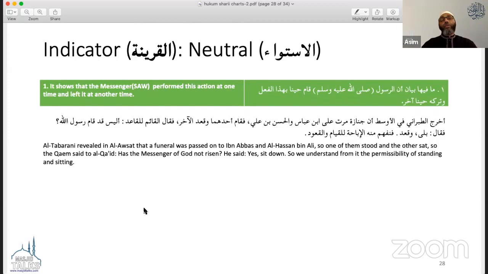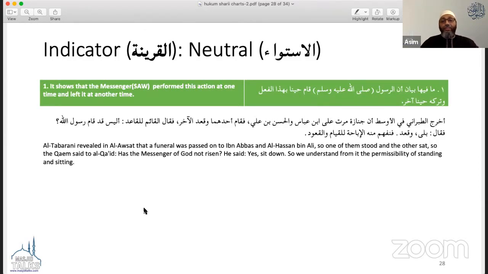Like the hadith of Rasulullah sallallahu alaihi wasallam, as reported by Tabrani, that it mentions that a funeral passed by Abbas and Hassan bin Ali radiallahu anhuma, and so one of them stood and the other sat. So the one who was standing said to the one who was sitting, hasn't Rasulullah sallallahu alaihi wasallam risen?